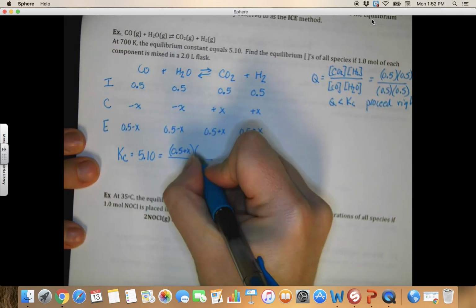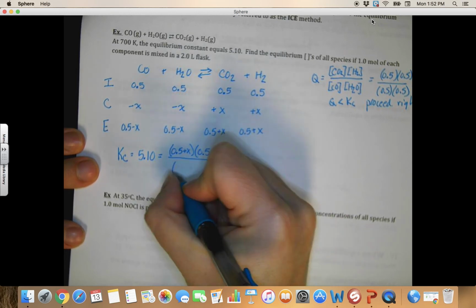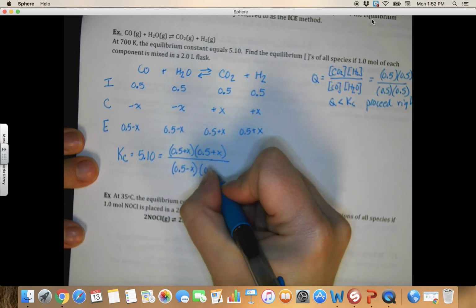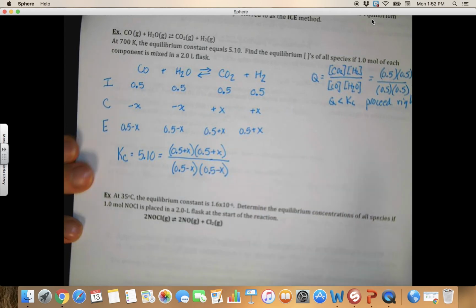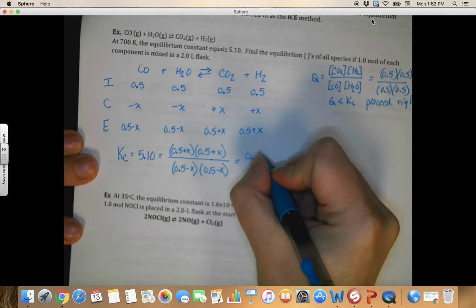So there's CO2, there's water, carbon monoxide, and water. Sorry, that was hydrogen. Okay, so I could look at it this way.